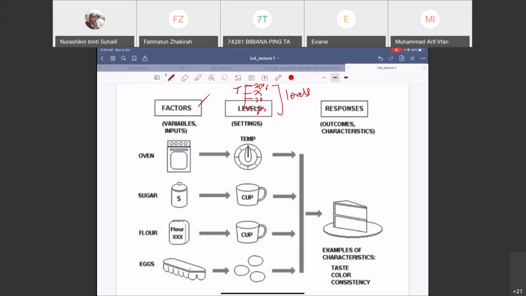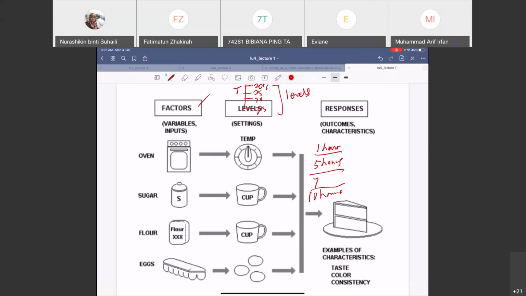The parameter is the reading habits, number of hours, but you can set the levels in your survey. Let's say 1 hour: how many of the students read for 1 hour in a week? How many read for 5 hours? Then 7 hours, or 10 hours in a week. So these are the levels, and your data will be based on these levels.